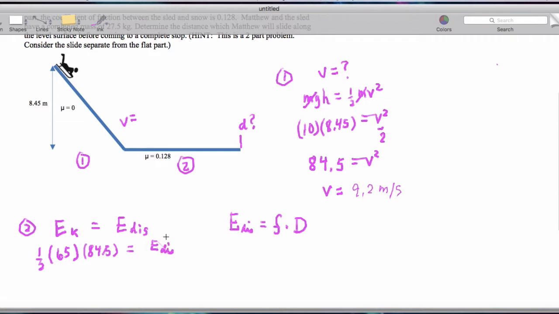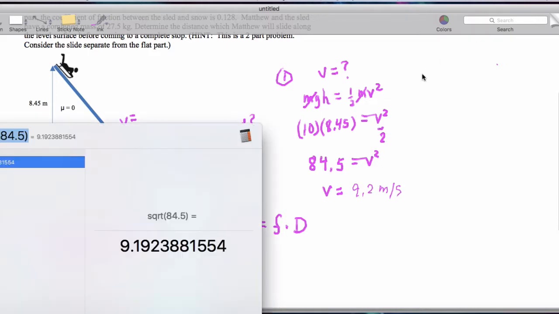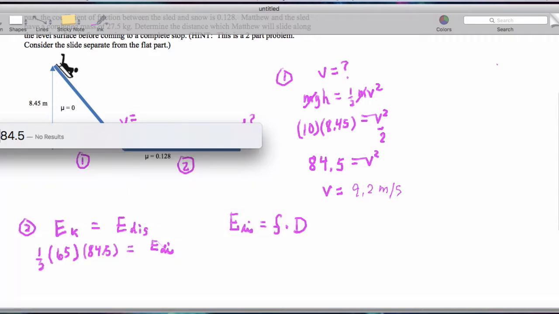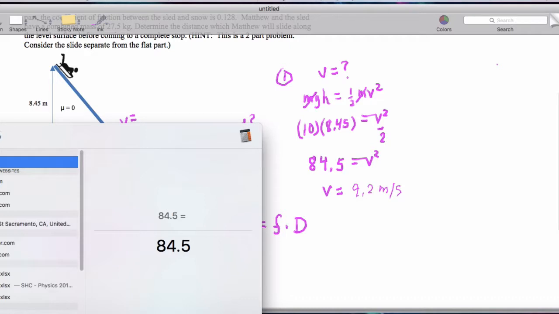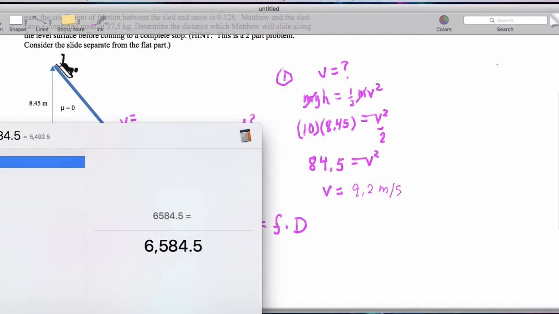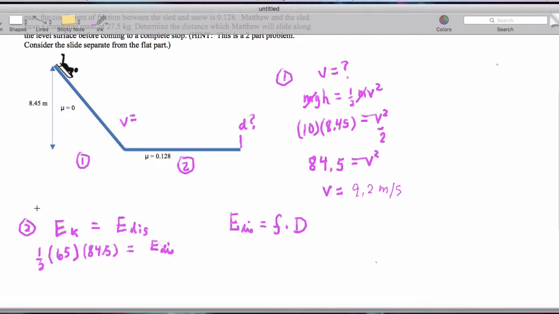All right, everybody, try to contain your amazing feelings of enthusiasm as I calculate this out. Yippee. 2,746 joules.